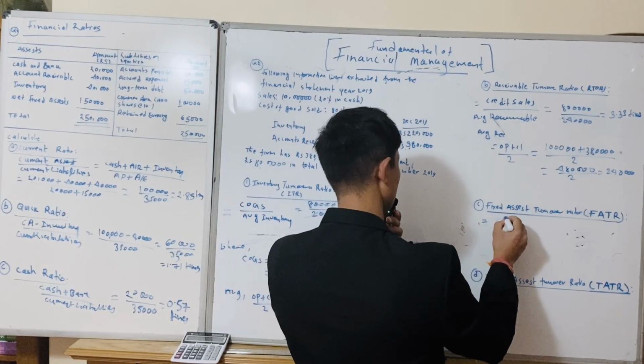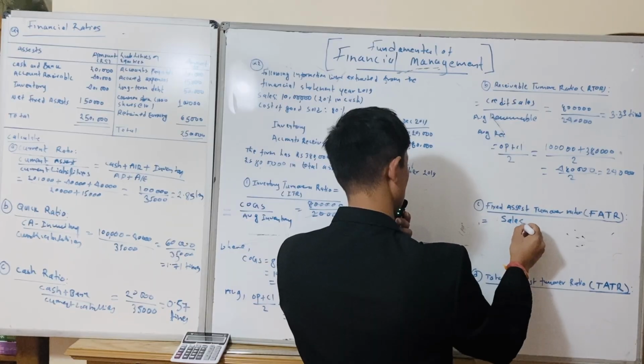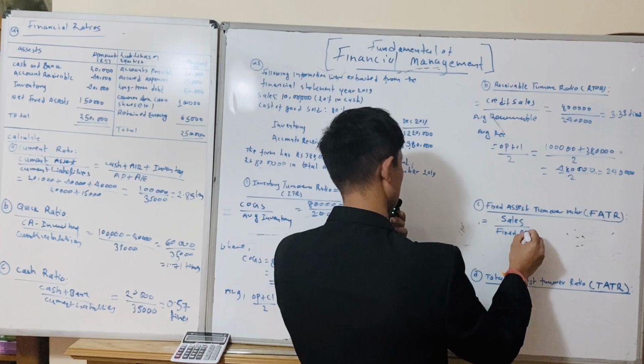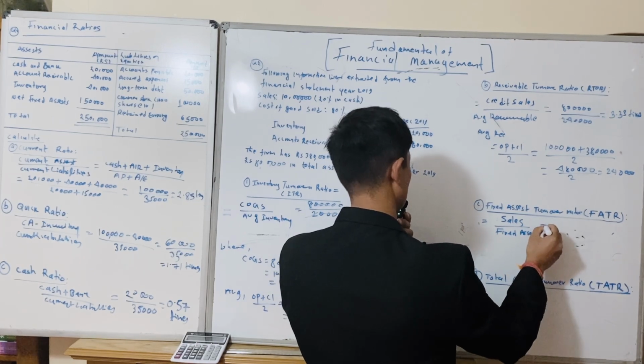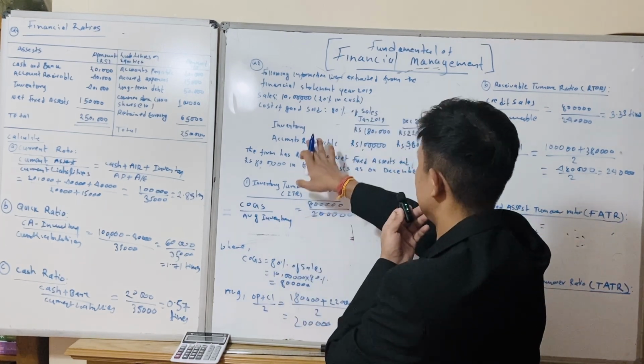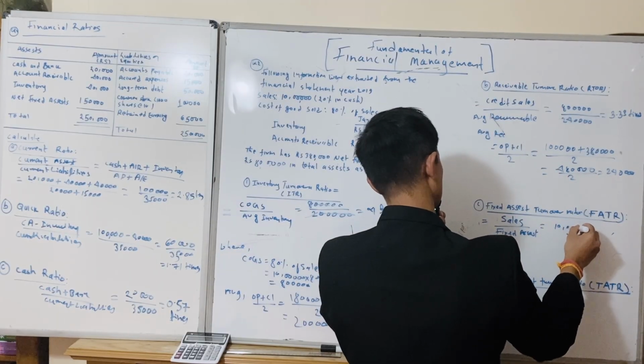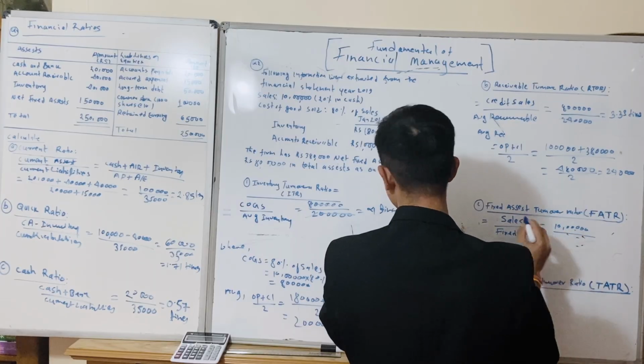The formula for the fixed assets turnover ratio is sales divided by fixed assets. Sales is total sales, which is 10 lakh, then divided by fixed assets.